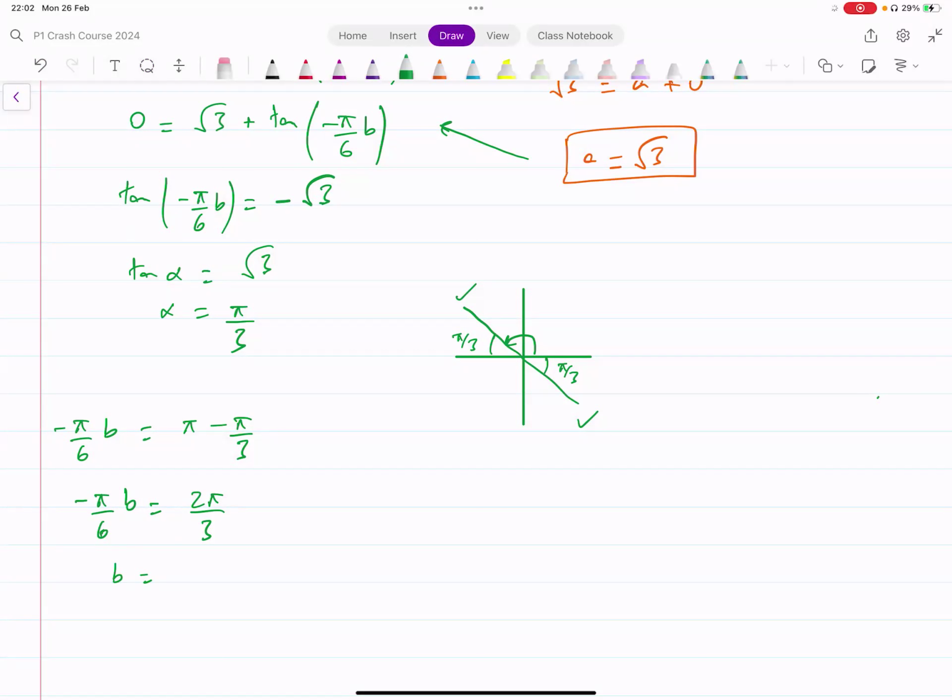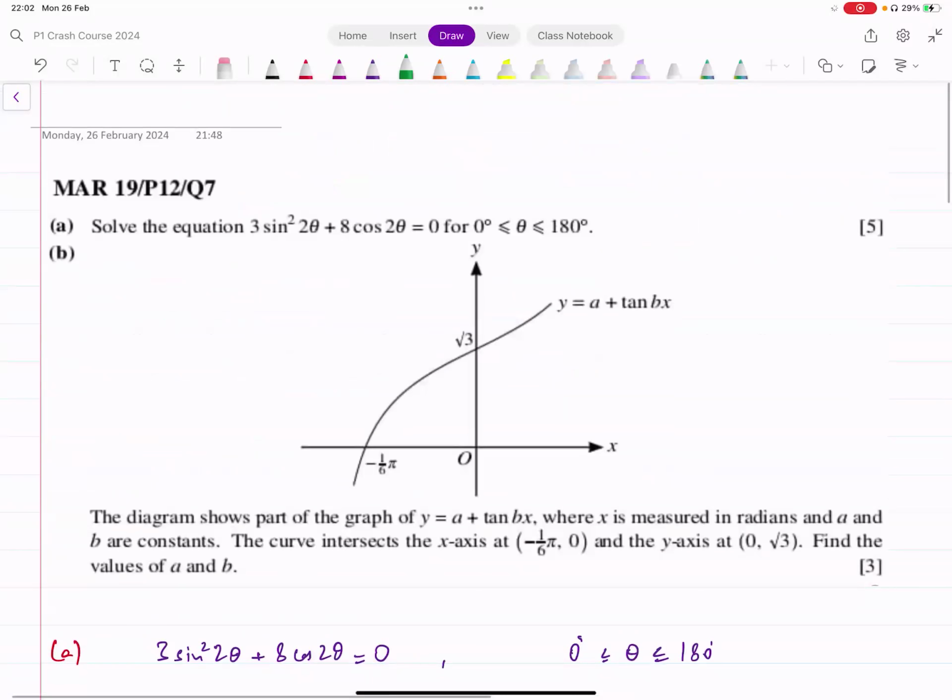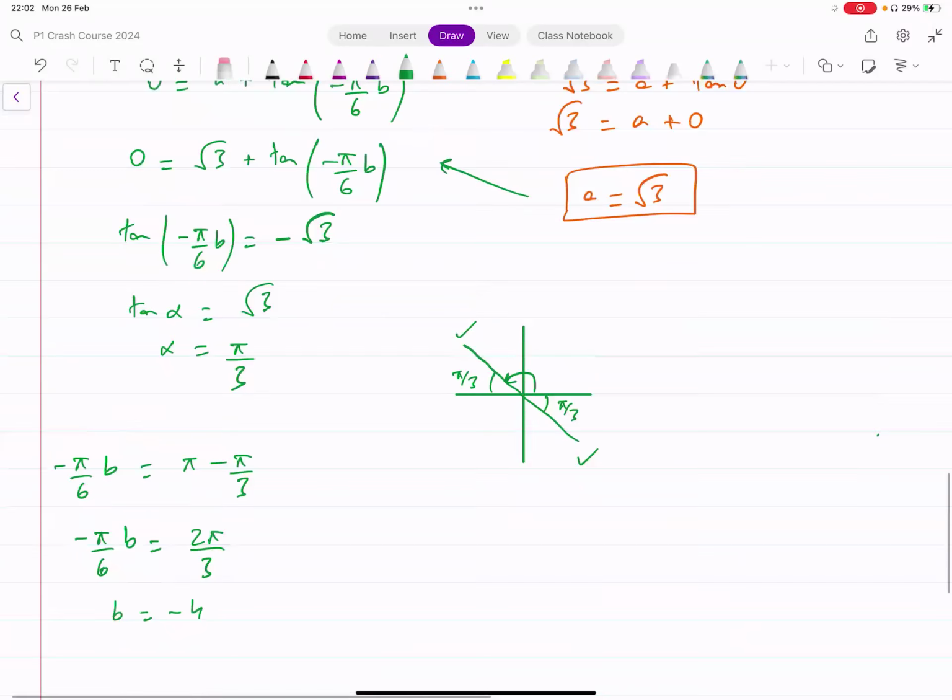What value of b do we get? -4. Minus 4. Okay. If we consider, okay, let's just try another one.